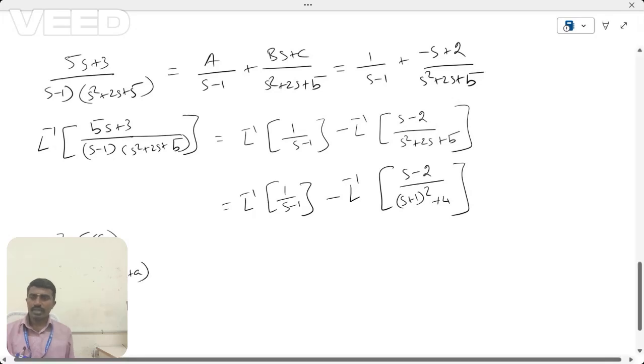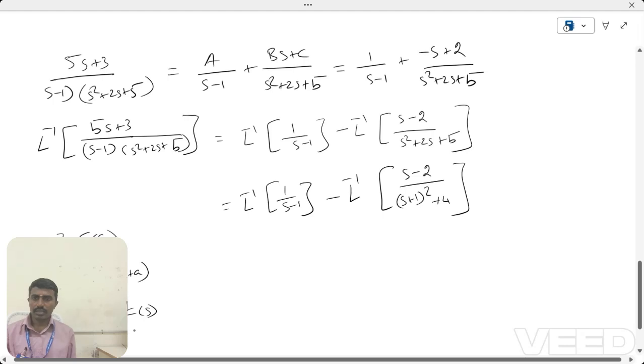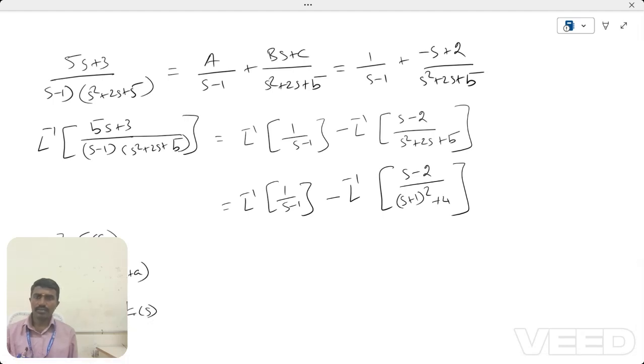Similarly, if you apply L inverse on both sides, then L inverse of F of s plus a is e power minus at into L inverse of F of s, that is, e power minus at f of t.